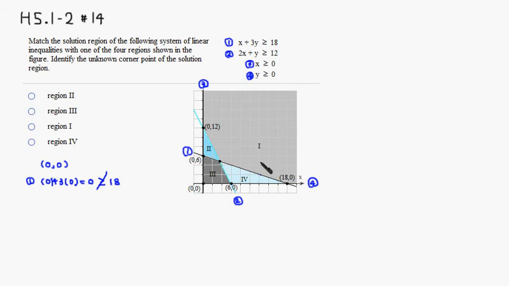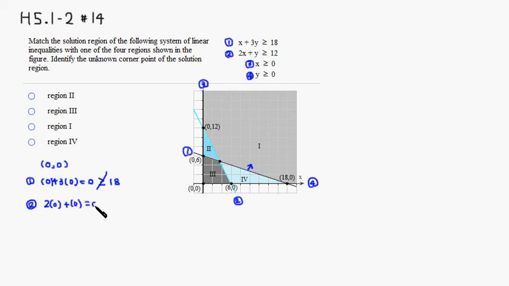So it's got to be the upper half plane. I'll put an arrow to indicate that we're going to shade that side. So let's look at borderline number 2. I'm going to check 0, 0 again. 2 times x is 0 plus y, which is 0.